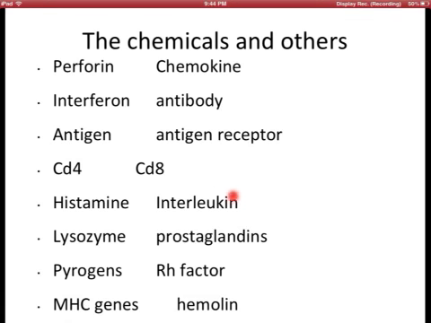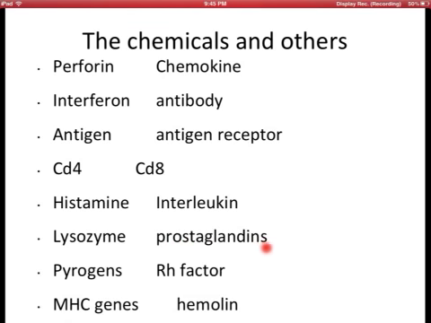Okay? Under chemokine sila. We have interleukin 1 and interleukin 2 that will be discussed more specifically mamaya. Okay? Lysozyme, yan. So, these are enzymes found in the lysosome of your cells responsible for destruction ng mga pathogens that were eaten.